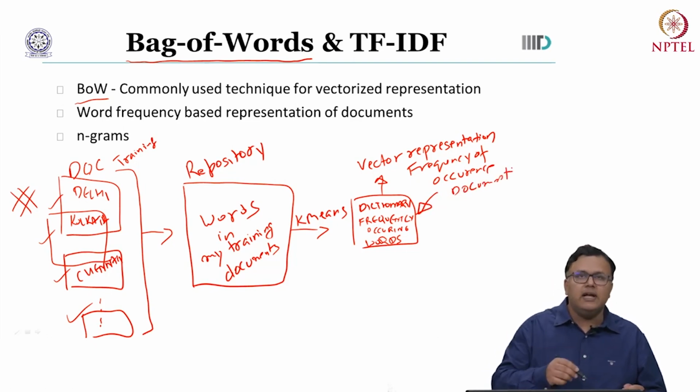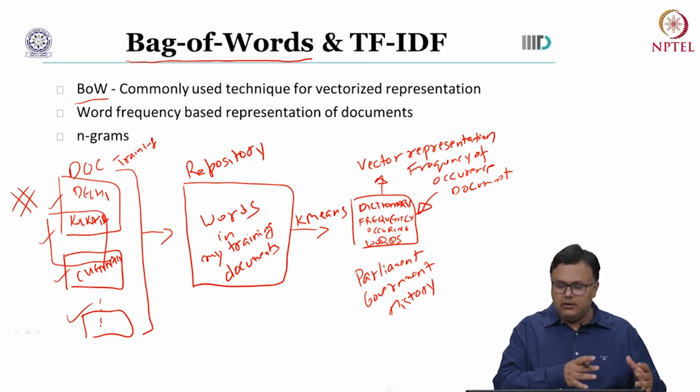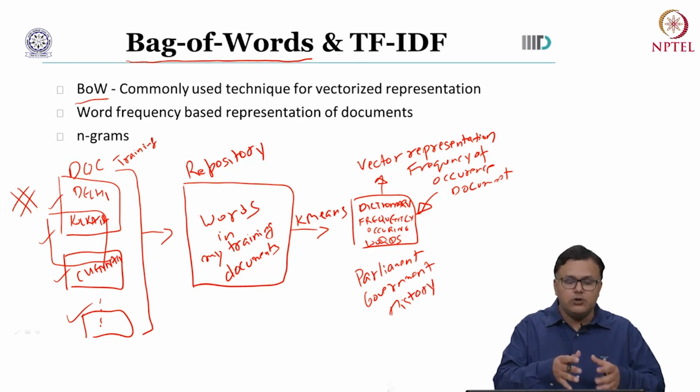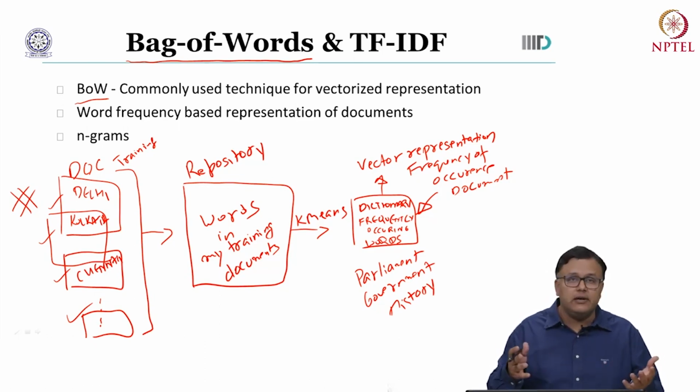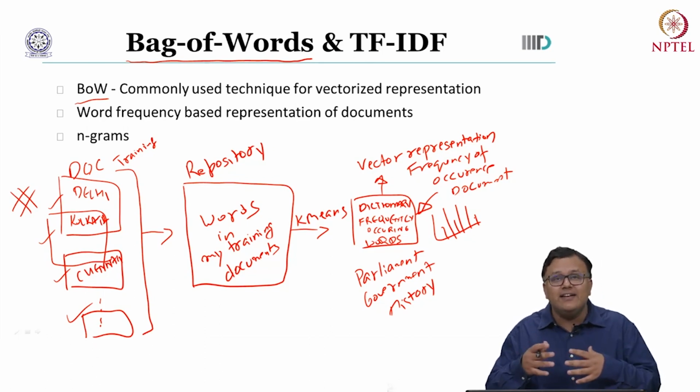For example, if we're talking about Delhi, then words like parliament, government, history might be more common within the Delhi based document as compared to a document discussing another city which is not a state capital and is, let's say, a new city. So you will have a histogram, a vectorized representation. Then, with a standard method, you can train a machine learning model and predict the emotion which the text is conveying about a city.